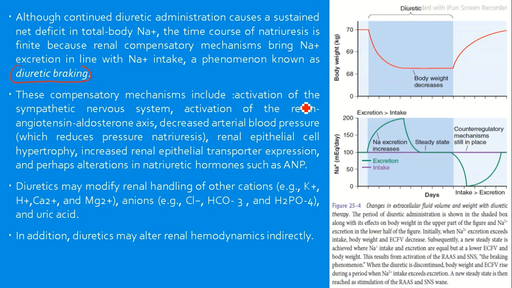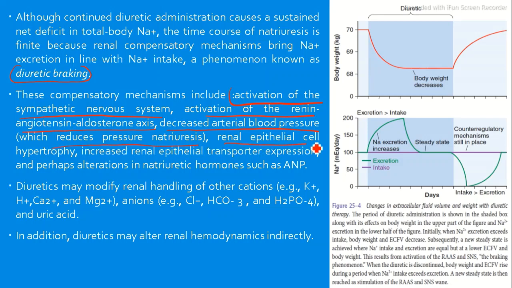These compensatory mechanisms include activation of the sympathetic nervous system, then activation of the renin angiotensin aldosterone axis. Then decreased arterial blood pressure, which reduces pressure natriuresis.